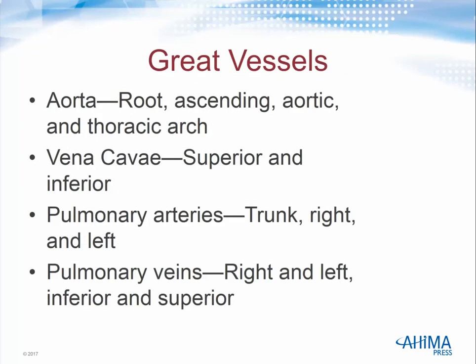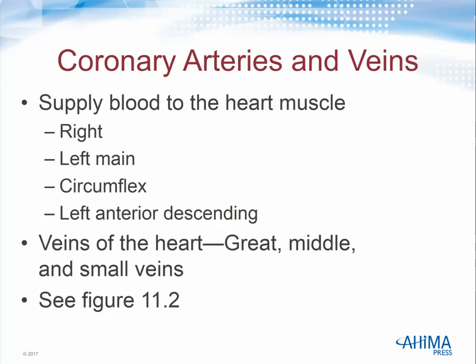Gives you definitions and some anatomical references in terms of what is the aorta, what is the vena cava, the pulmonary arteries, and the pulmonary veins. Figure 11.2 shows you the arteries and the veins of the heart.